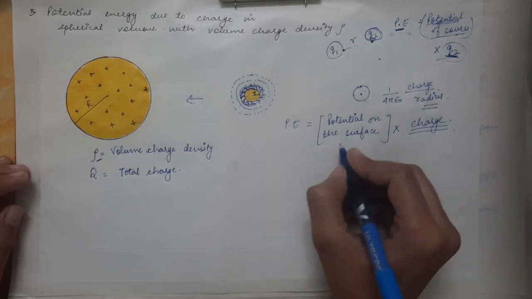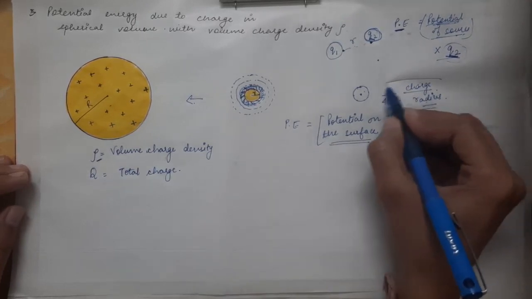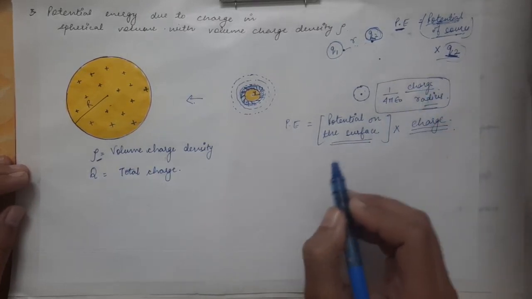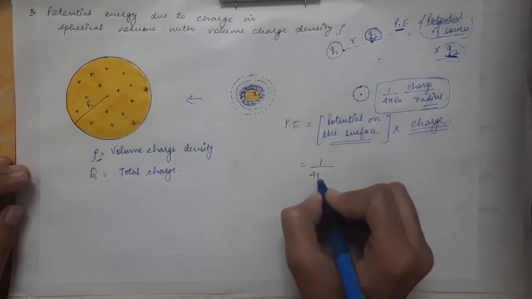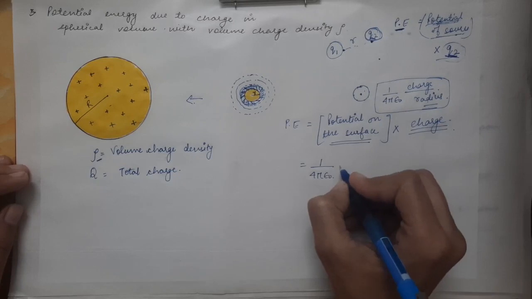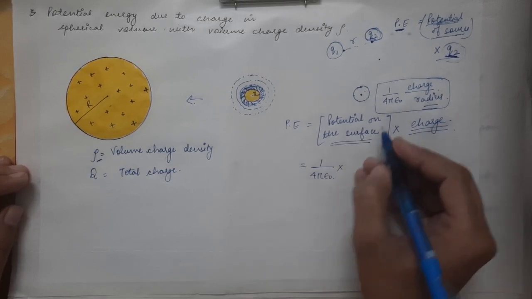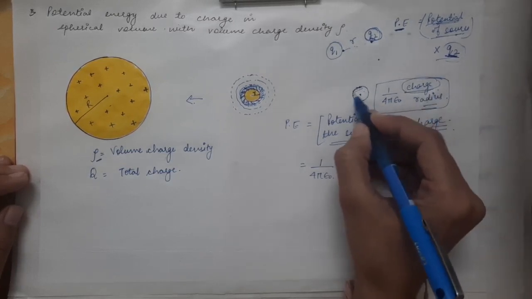Now how to find the potential on the surface? That we already know how to find, on the surface of a spherical charge distribution. It is equal to 1 by 4 pi epsilon naught into the charge on this small sphere.